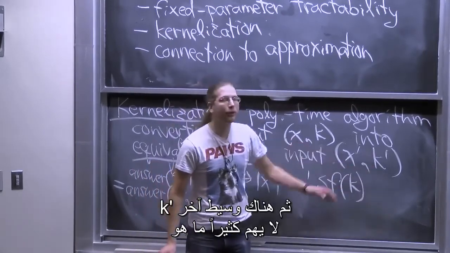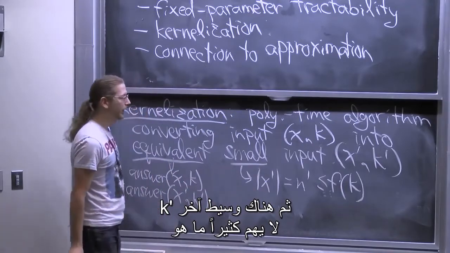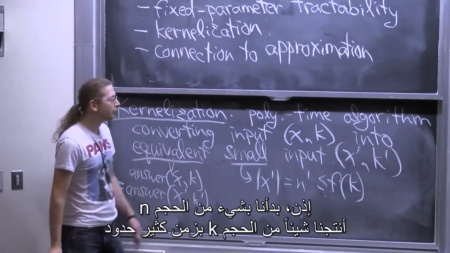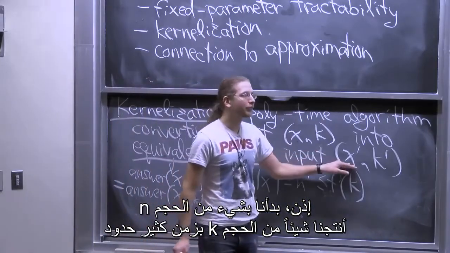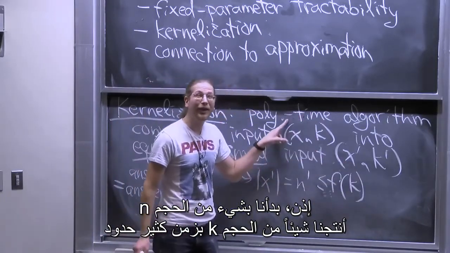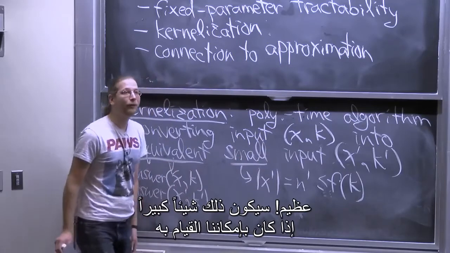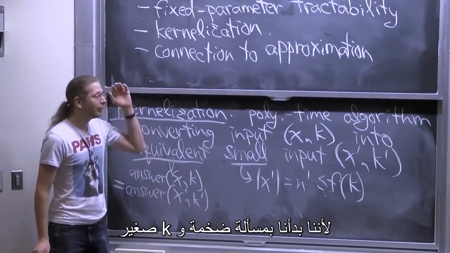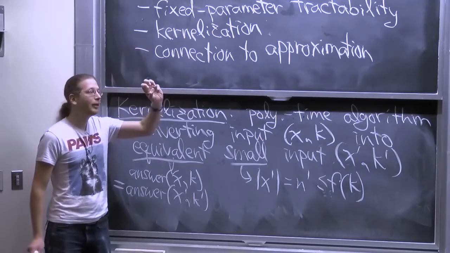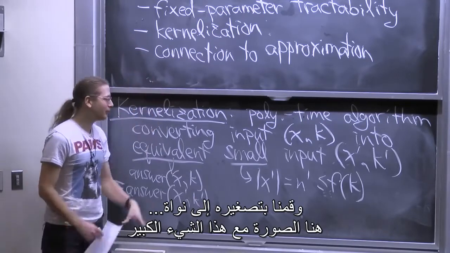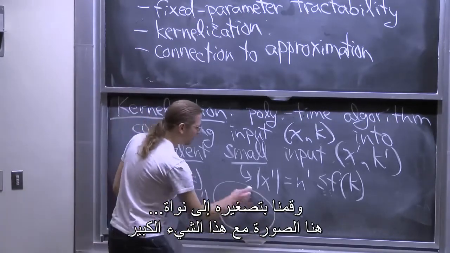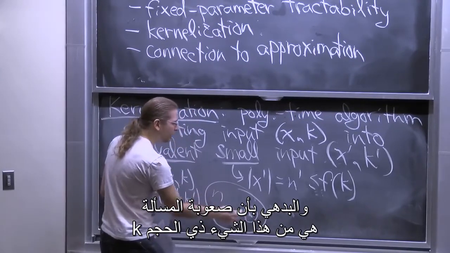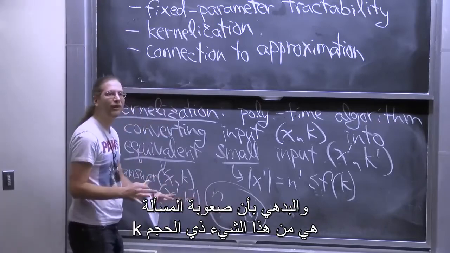And then, okay, there's some other parameter k prime. Doesn't matter much what it is. It's going to also be a function of k. So we started with something of size n. We produced something of size k in polynomial time. Wow, this would be big if we could do it, because we start with giant problem, small k, and we kernelize it down. So here's the picture with this big thing. And the intuition is that the hardness of the problem is just from this thing of size k.